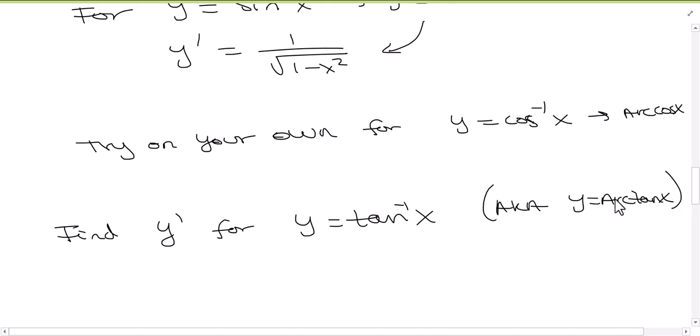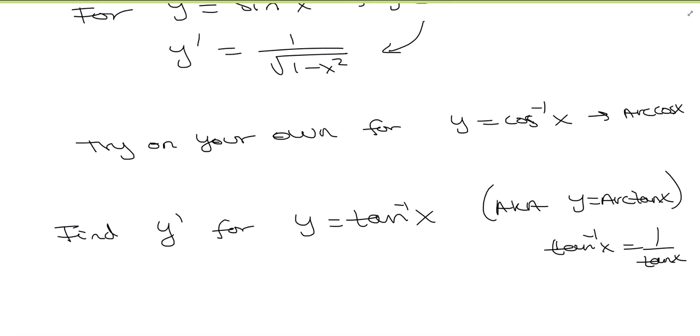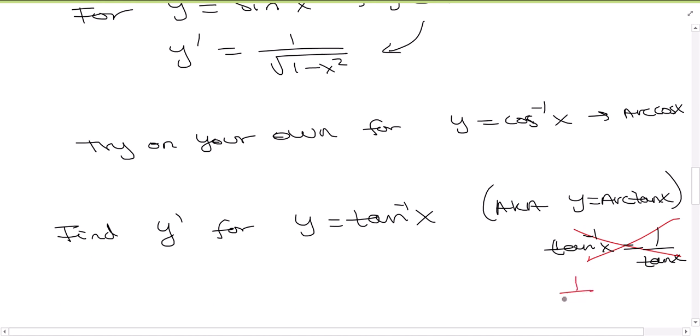So you may see this arc notation because, and this is to avoid the misconception that oftentimes people want to say tangent inverse of x is 1 over tangent, right? We're used to seeing that the minus 1 means 1 over, but this is not the case here, right? This is an inverse function. So 1 over tangent is actually cotangent.